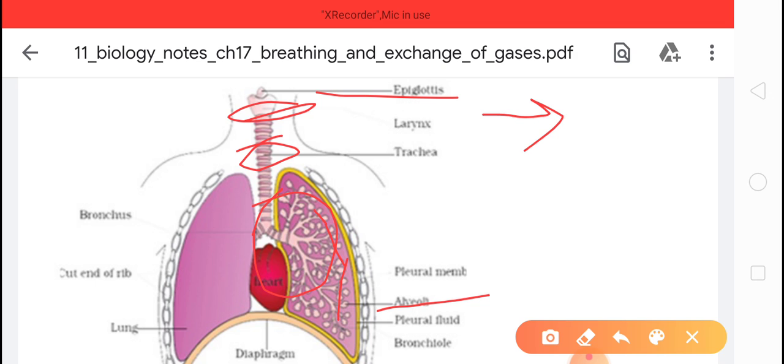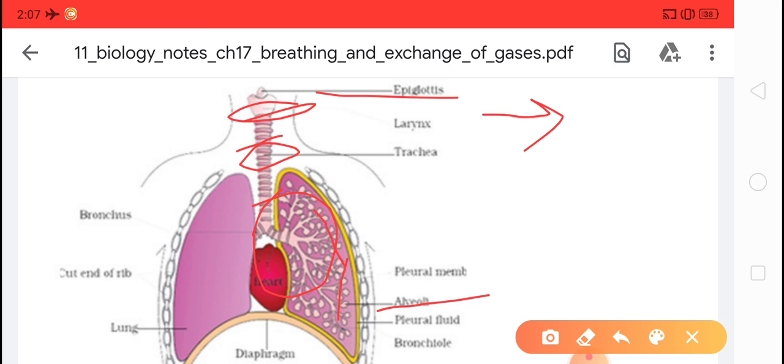Clear, children? I hope you have learned properly what we have discussed. Children, the branching network of bronchioles and alveoli comprise the lungs, two lungs.